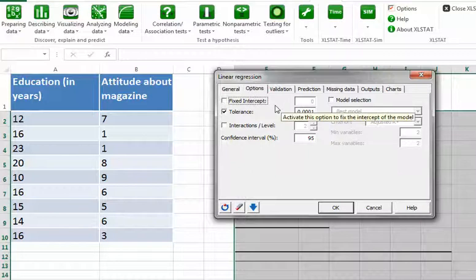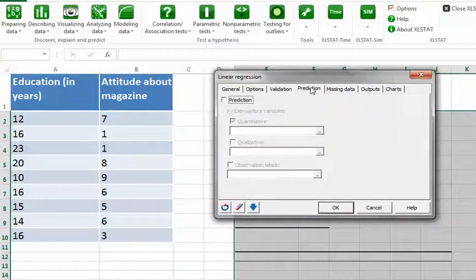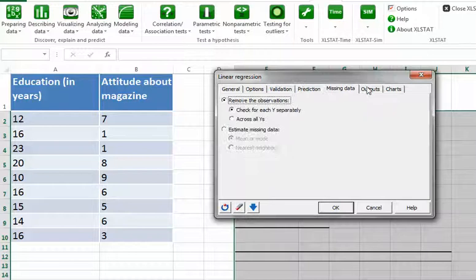Options, just have tolerance checked. Validation, we don't need anything. Unchecked prediction. What you can use the prediction for is whether you wanted to see, well, let's predict, if somebody had this X number of years of education, what would we expect them to think of the magazine? We don't have missing data.